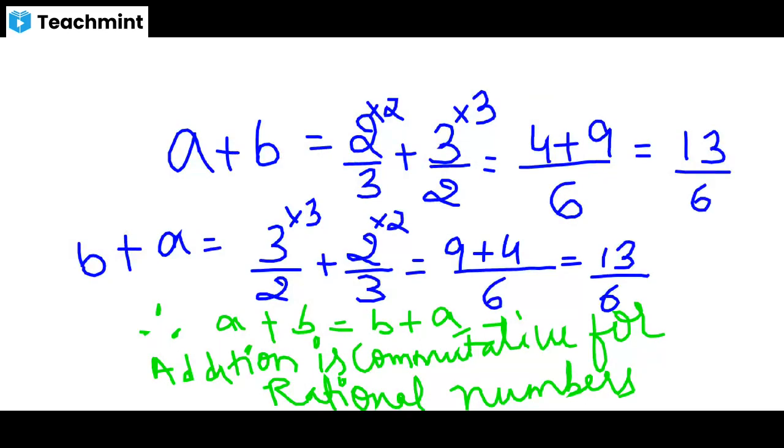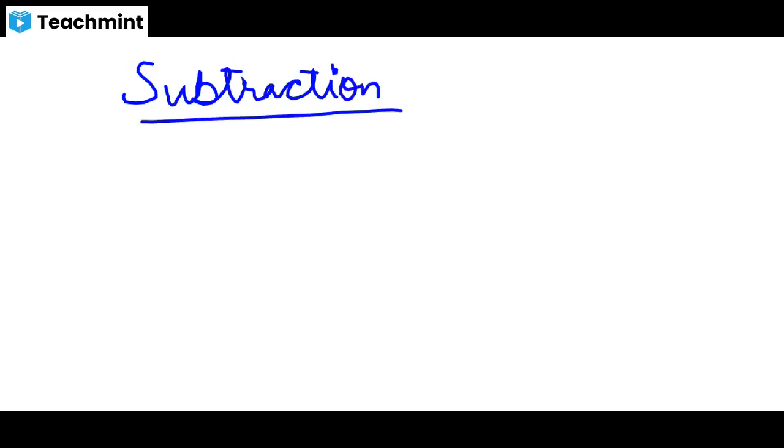So what will you check for subtraction? You should find whether a minus b is equal to b minus a or not. So how will you check that? Next heading, write down for subtraction. So what you should check?